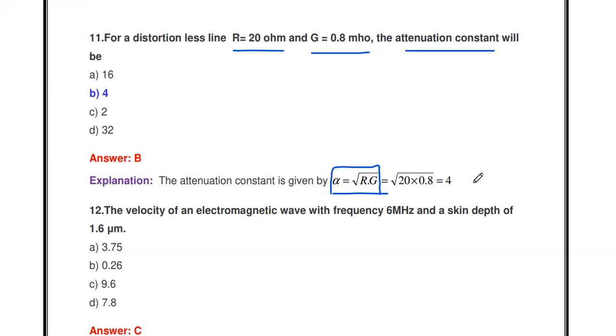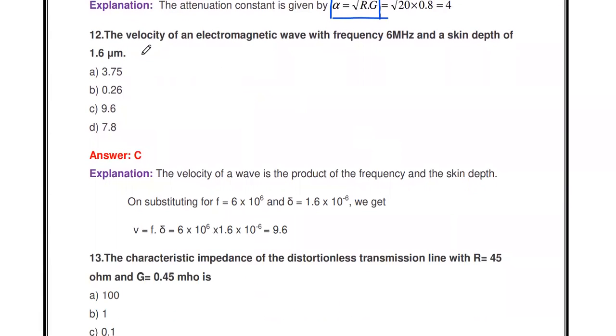You just multiply and find the answer. So alpha equal to 4. So the attenuation constant is 4. This is also one of the 2-mark problems. For a distortionless line, if the R value and G value are given, you just find the attenuation constant.